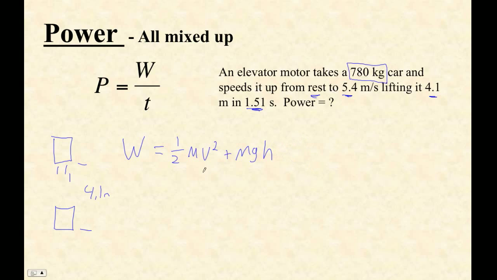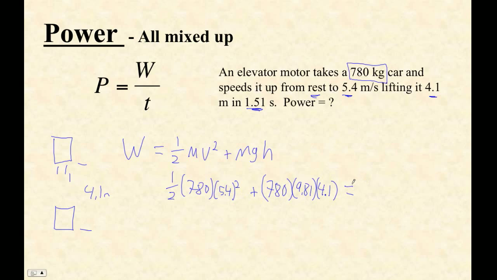Okay, so I can do that. 1/2 times 780 times 5.4 squared plus 780 times 9.81 times 4.1 meters. That's my work, so I can figure that out.